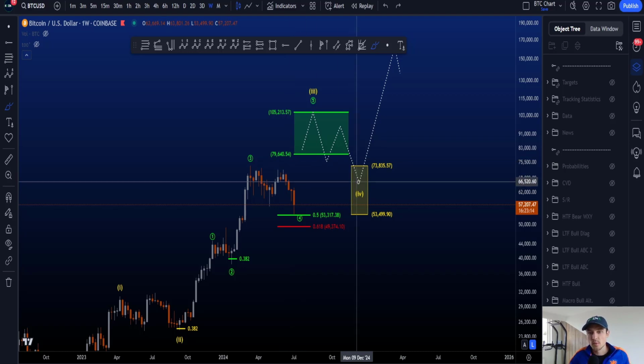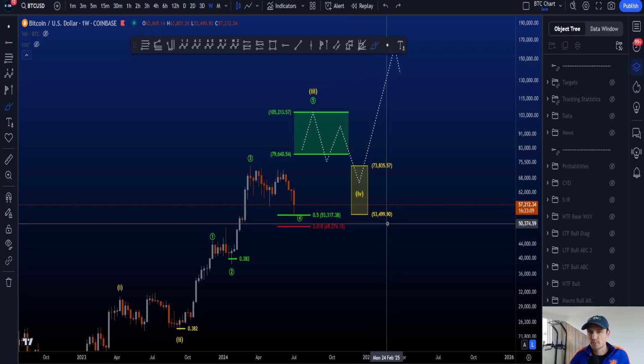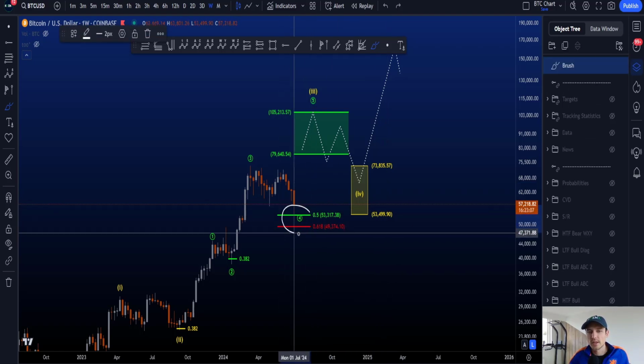Now a wave 4 of a higher degree, which is the yellow wave 4, tends to retrace to the price action of wave 4 of a lower degree.